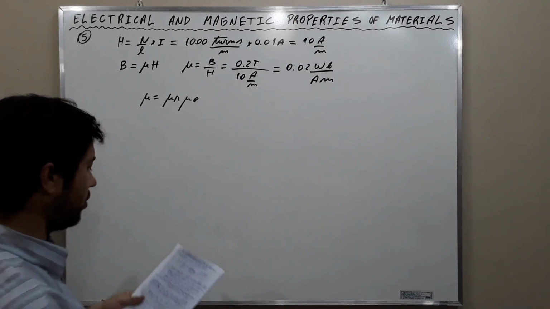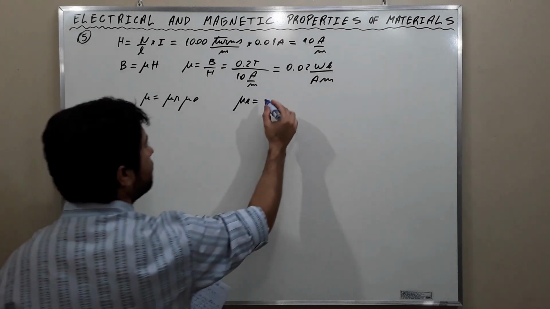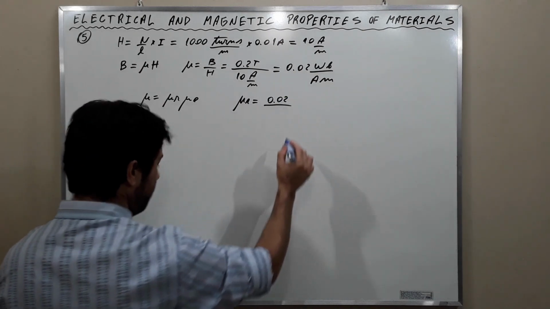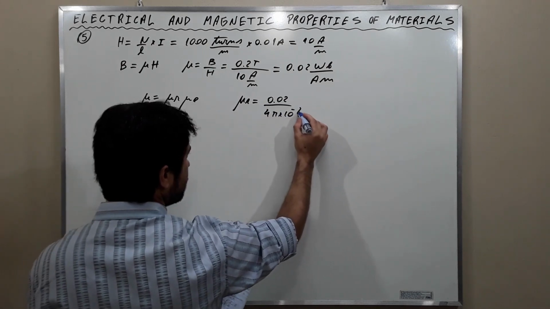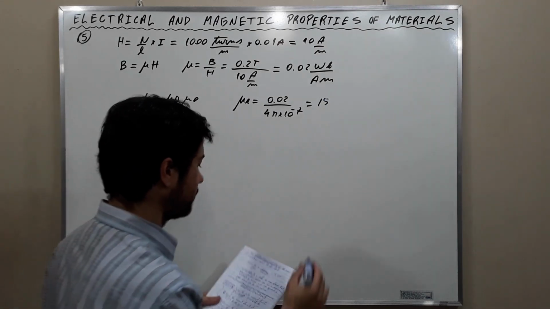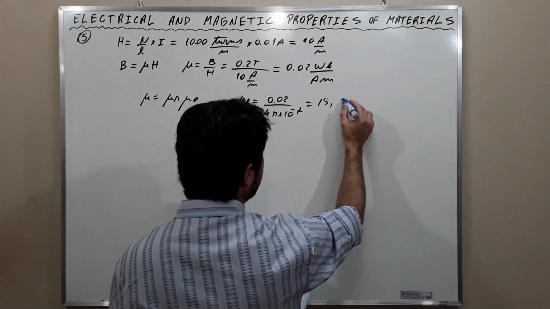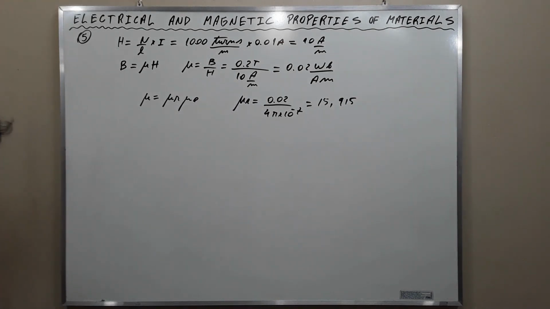Using this expression, we find that the relative permeability of the material must be at least 15,915. Okay, the relative permeability of the core material must be at least 15,915 for the conditions established by the exercise.